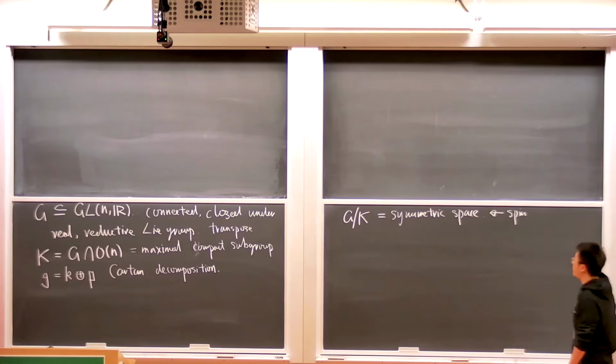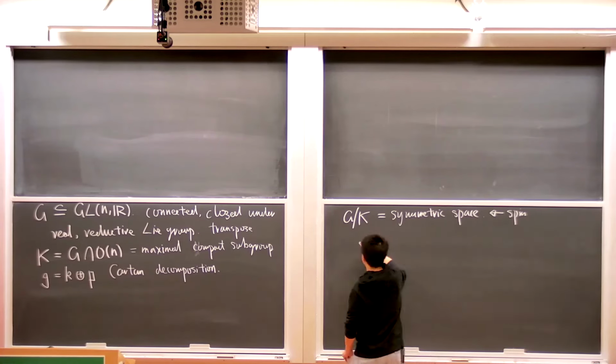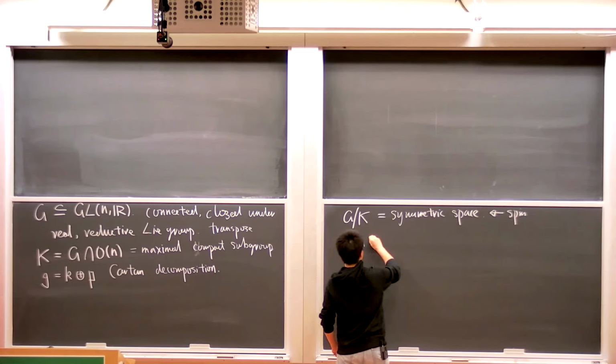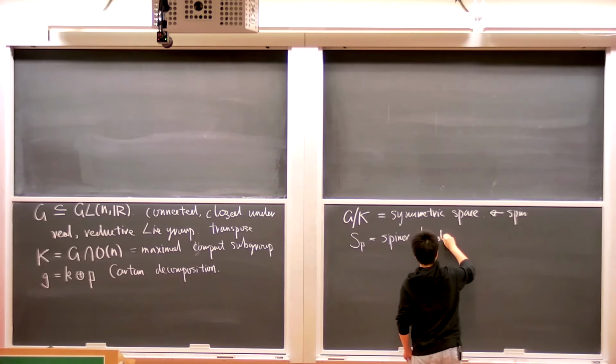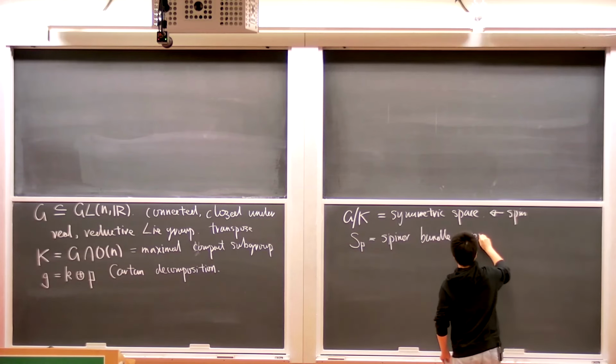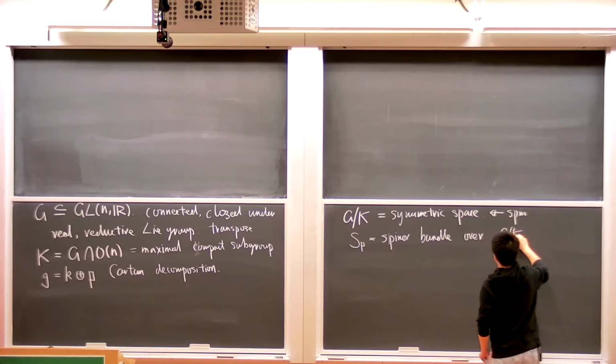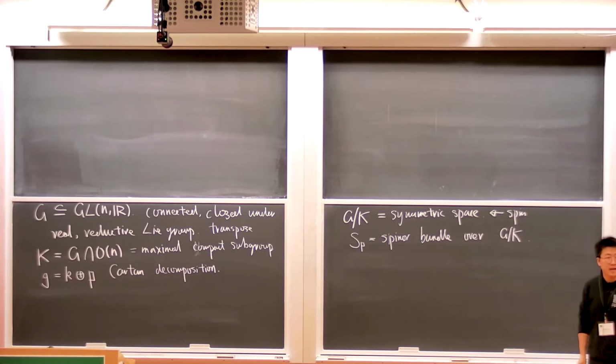If it is spin, I will denote by SP the spinor bundle over this symmetric space G mod K. So this is basically the setting.